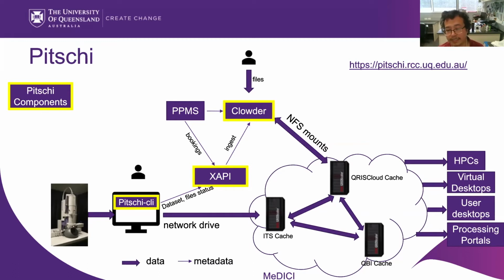The third reason is that this X API will act as a buffer, an abstraction layer on top of PPMS and Clowder. So later on, this solution can be extended to support different booking systems and even different image repositories, as long as the repository supports server-side ingest.